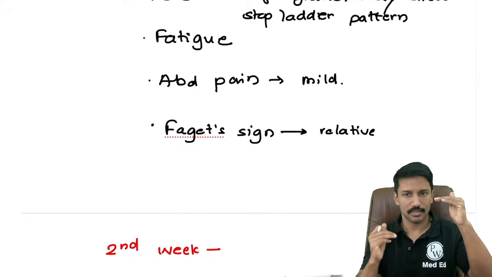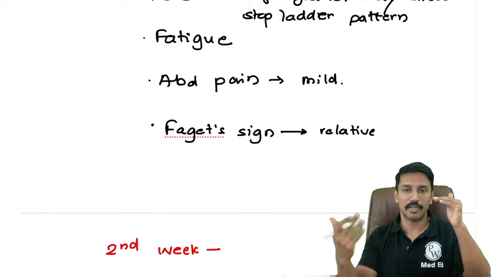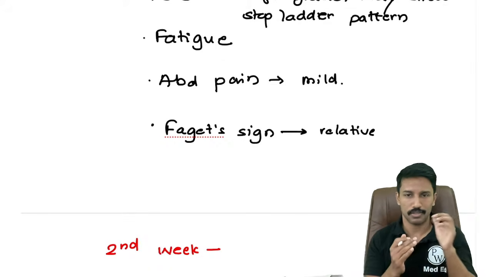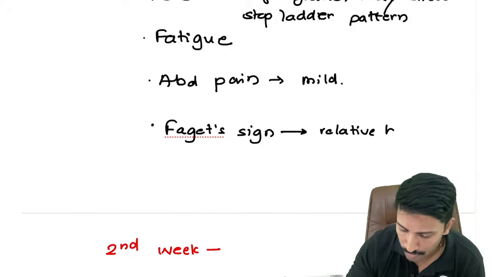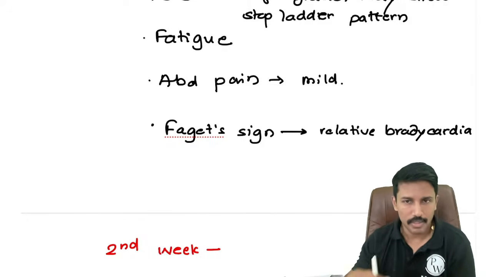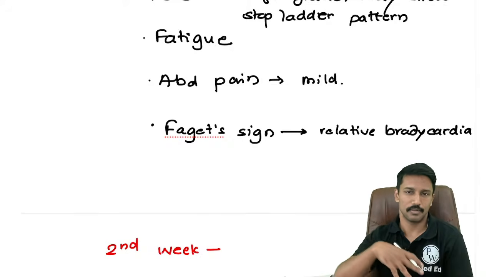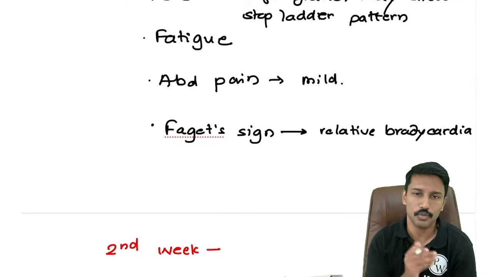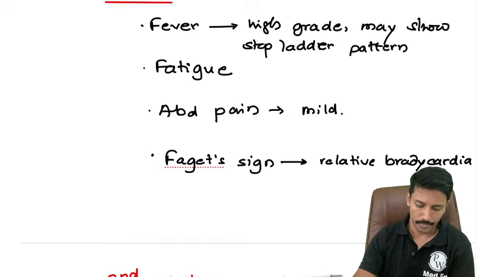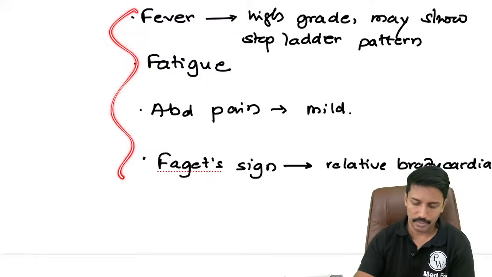Either the heart rate doesn't increase at all or the increase may not be as much as expected for that degree of body temperature or fever. There is relative bradycardia. The sign is not specific for enteric fever, but in India the most common cause for relative bradycardia used to be enteric fever. Okay, so these are all things that we see in the first week.